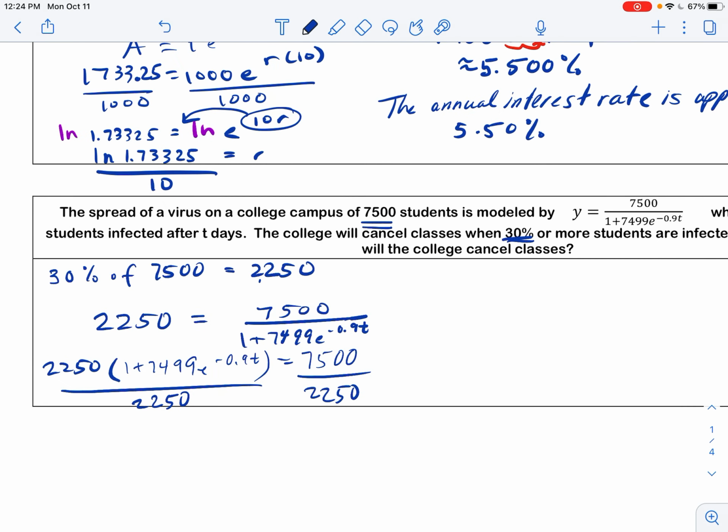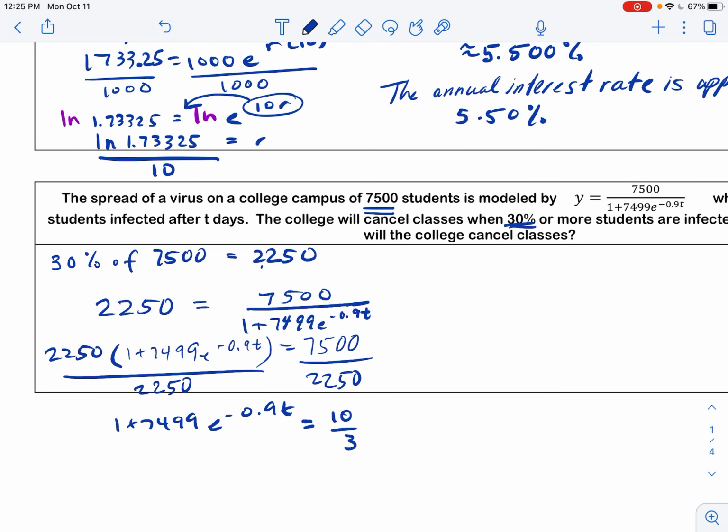Okay, and we got this. And if we simplify that right side, 7,500 divided by 2250 is just going to be 3 1/3, so we can say 10 over 3. And then subtract 1 from both sides. That's going to be 7/3.